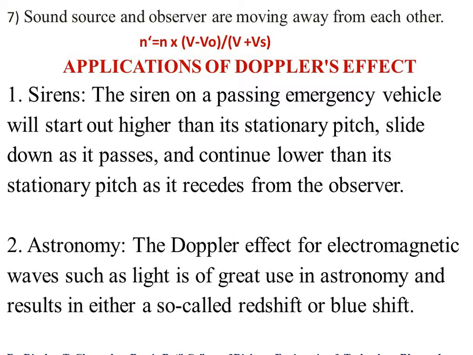At that time we use the equation n dash equals n into (v minus v0) upon (v plus vs). So this is the seventh point, or seventh rule, of the Doppler effect. This is an important formula to solve for the apparent frequency.